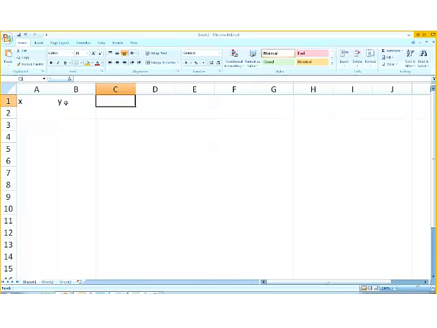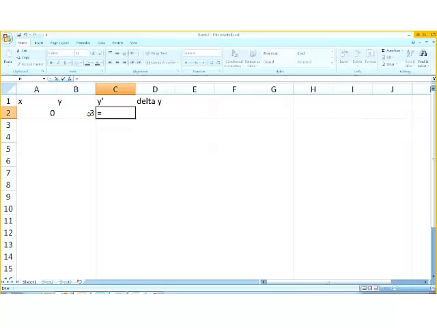So this is the X value, this is the Y value, this is Y prime, and this is delta Y, our change in Y. Okay, that's good. So our initial X value was 0, the initial Y value was 3.